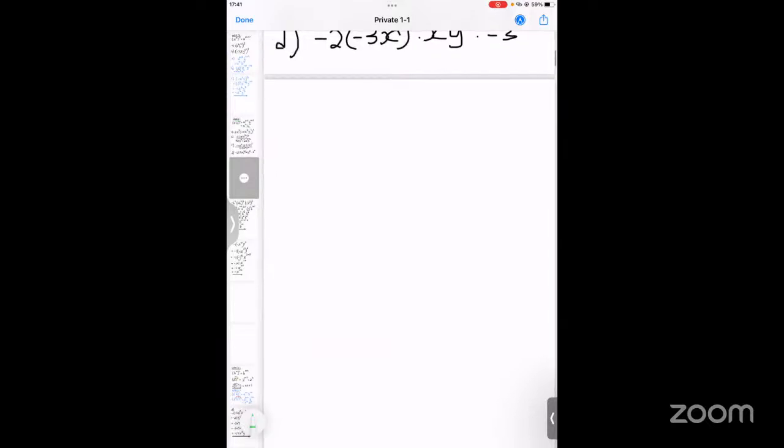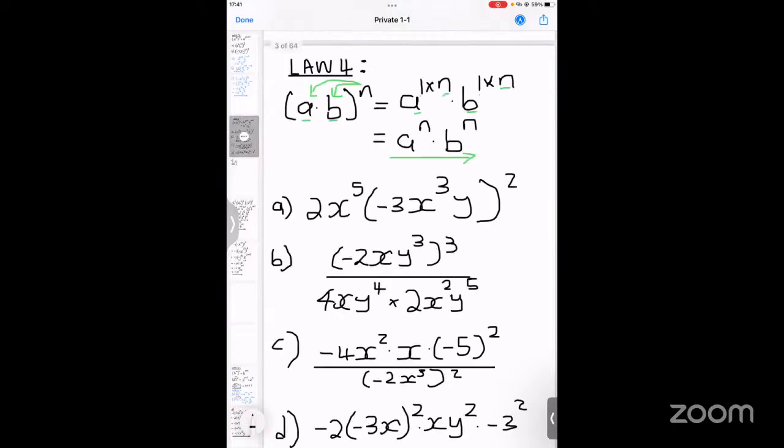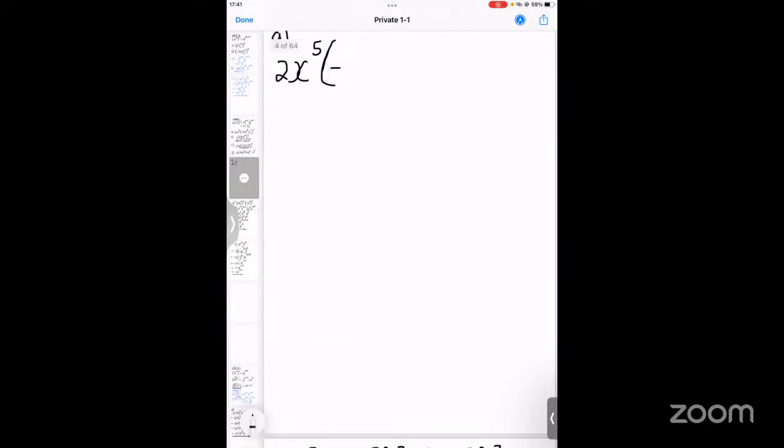And let me quickly rewrite that first one being A. That is 2x to the 5, negative 3x to the 3, we have y that you close that.